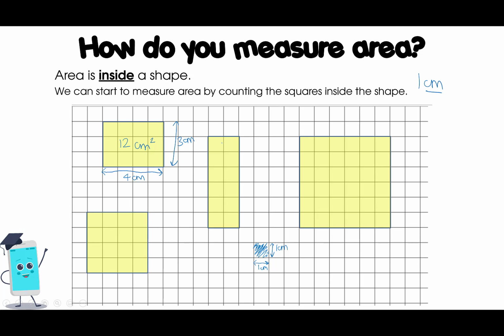We've got 1, 2, 3, 4, 5, 6, 7, 8, 9, 10, 11, 12. This is also 12 centimetres squared. It was 2 centimetres there, and here it was 6 centimetres, and we have 12 centimetre squares inside.